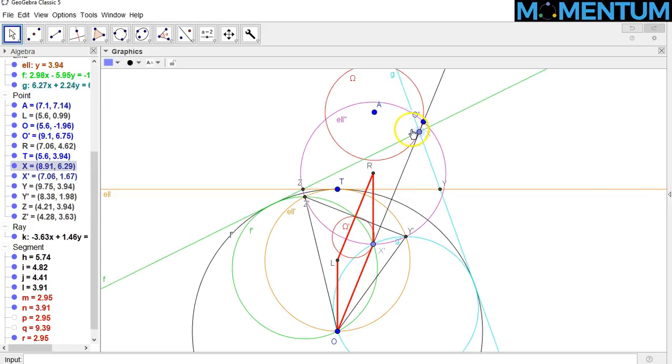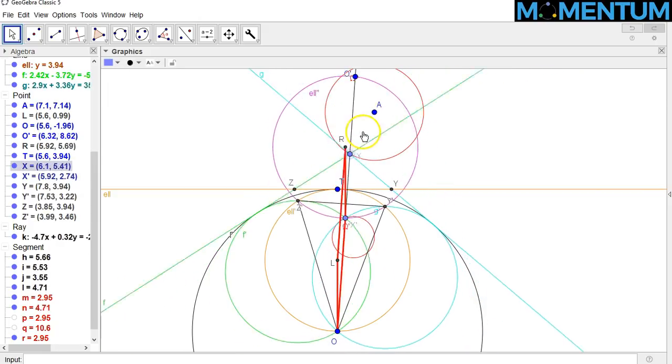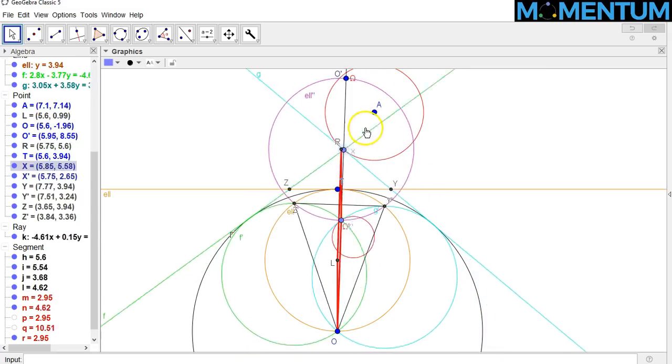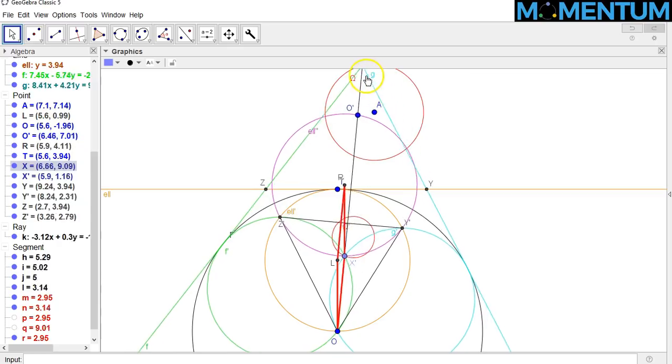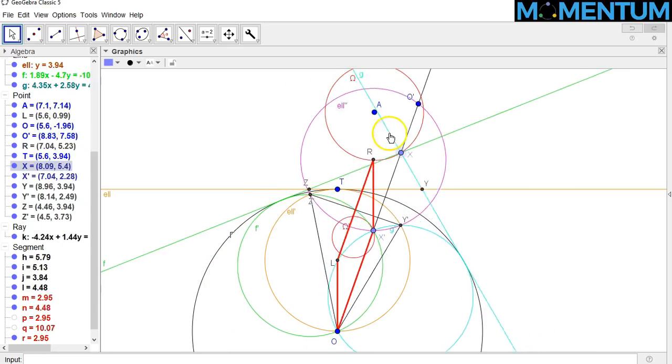Let's do it again. As I move X around my circle omega, the original circle, you have this weird shape going on. Does that make sense?